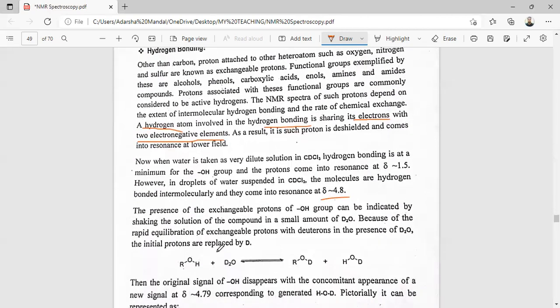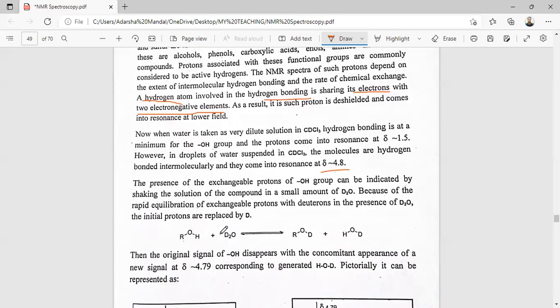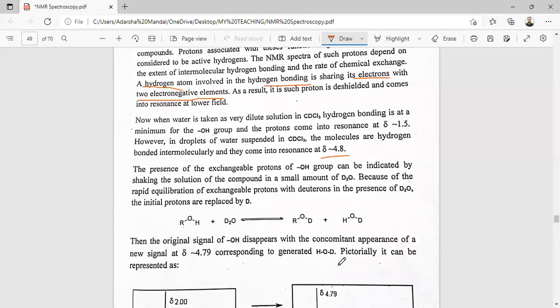The presence of the exchangeable proton of an OH group can be indicated by shaking the solution of the compound with D2O, because of the rapid equilibrium of the exchangeable proton with deuterium. In the presence of D2O, the initial proton is replaced by D. Then the original OH signal disappears, with the complementary appearance of a new signal at 4.79 corresponding to the generated OHD signal.